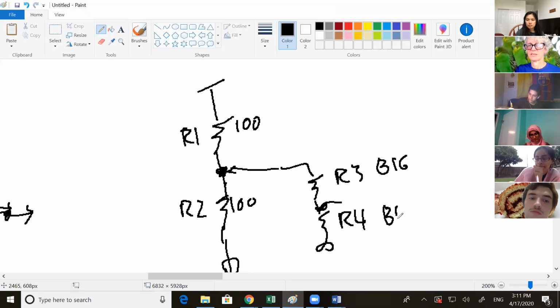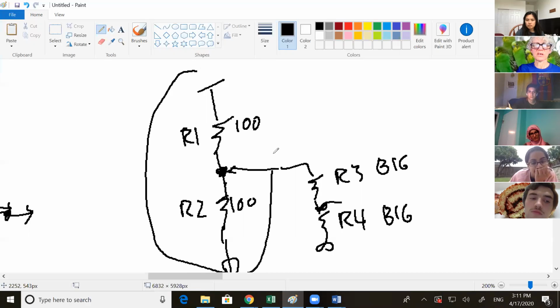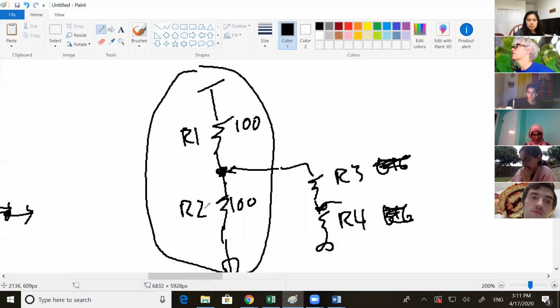Yeah. Okay. Or if you left these the same, what would you do to these? I think the question was what could you do to this side? If you left these the same size, what would you do to R1 and R2 to make it work better?